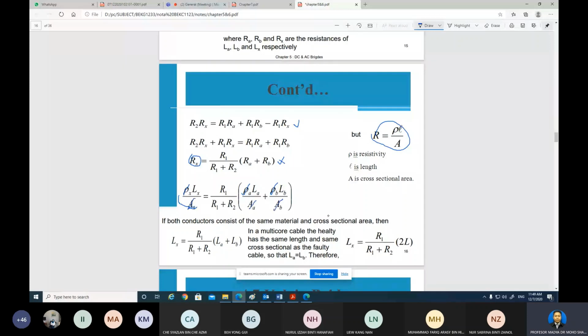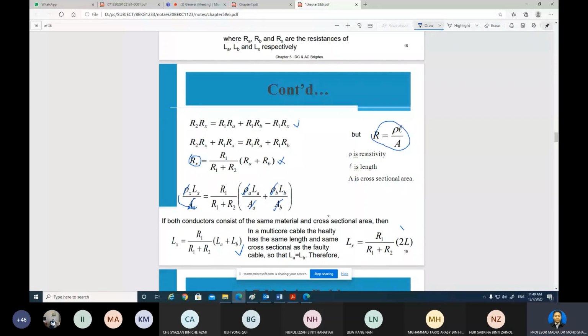At the end, the last equation we get is Lx equals R1 divided by R1 plus R2, multiplied by LA plus LB. And if we assume LA equals LB, automatically the formula will be like this to calculate the length Lx.